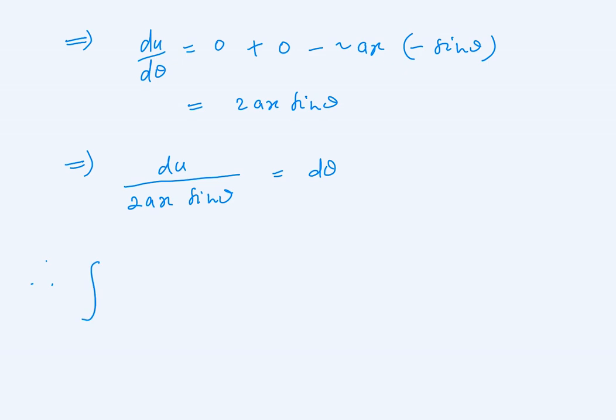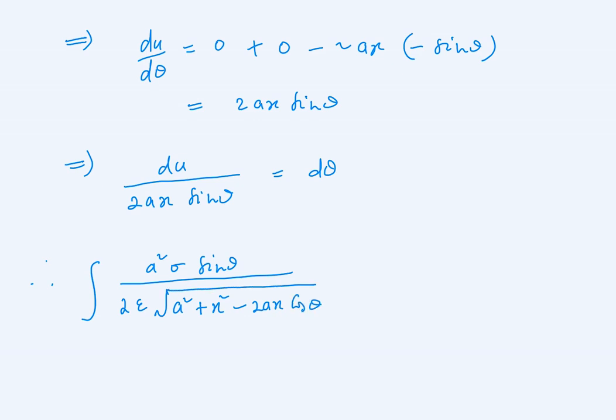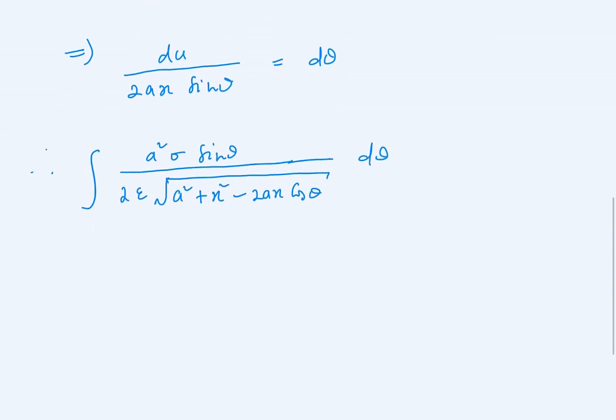So the indefinite integral of a squared sigma multiplied by sine theta, over 2 epsilon multiplied by the square root of a squared plus x squared minus 2ax cos theta, d theta. So this over here is equal to the following.